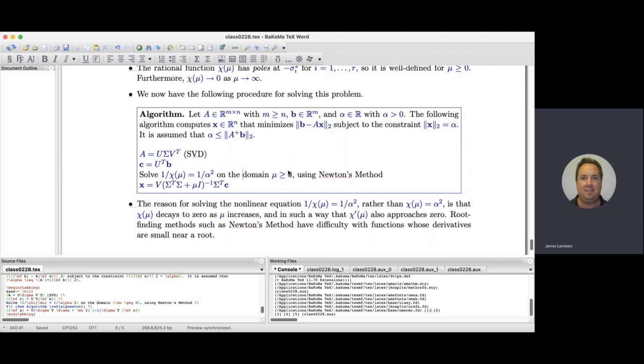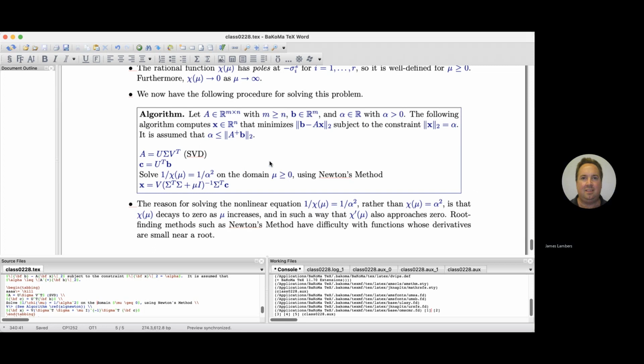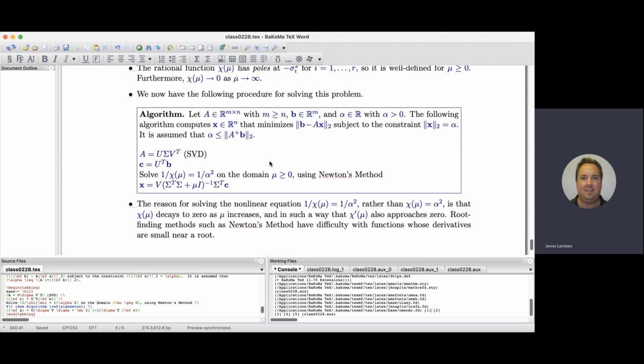Using that, you can show that A transpose A plus mu I has a condition number that is no larger.